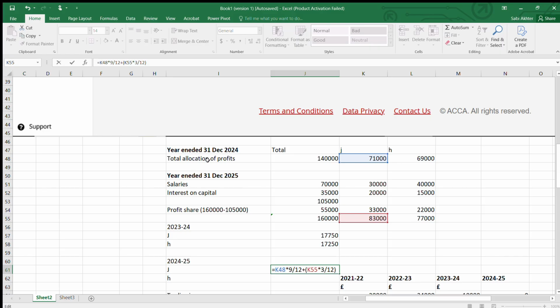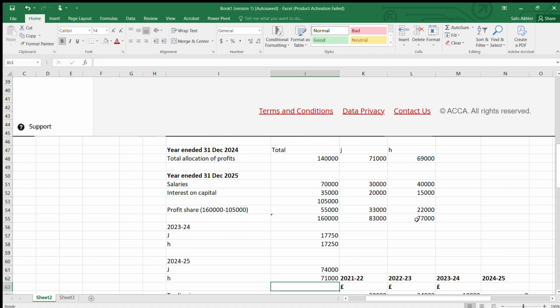Thereafter, see, it ends on December. Then 3 months, Jan, Feb, March of 2025. So from here, enter, which is 74,000. Same for H here. You have to take this 9 months plus, let's put a bracket. So it is this 77 into 3 months, 71,000. So these are the 4 answers.